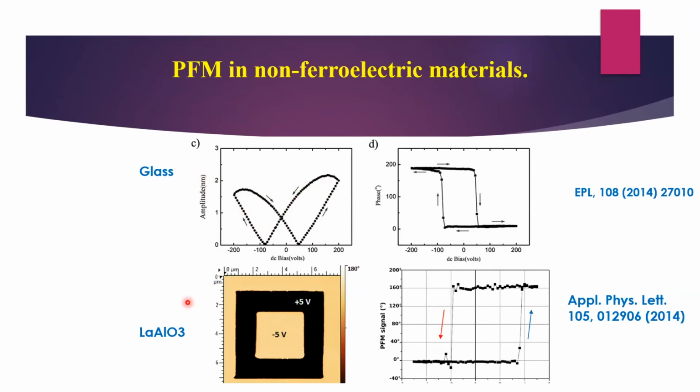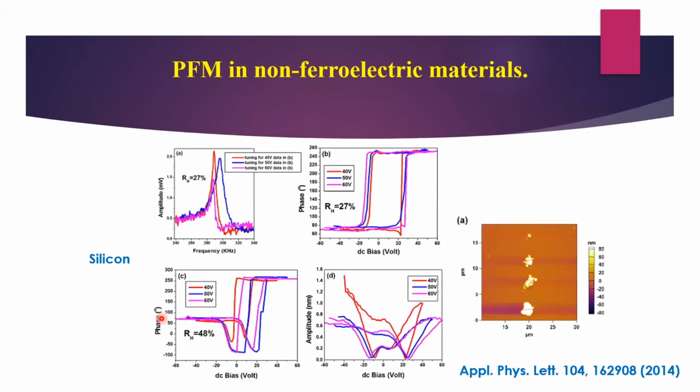And this is another example where they polarize some areas by applying a voltage, and in a concentric area they apply the inverse voltage, and they obtain this image that is similar to switching domains in a ferroelectric material, and these materials are not ferroelectric.